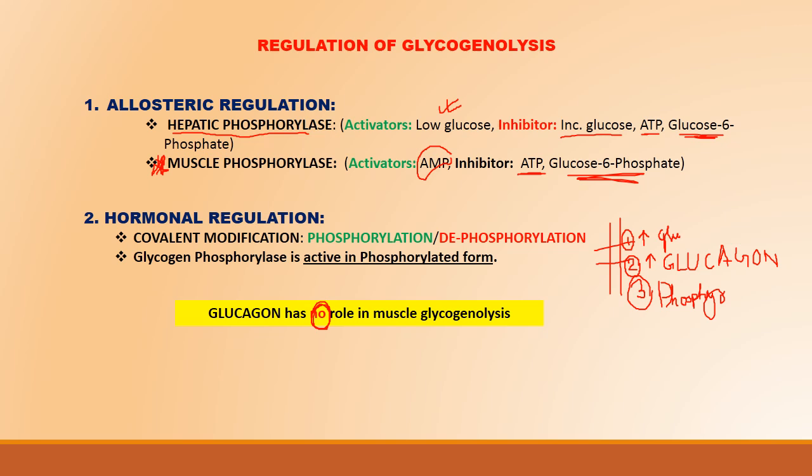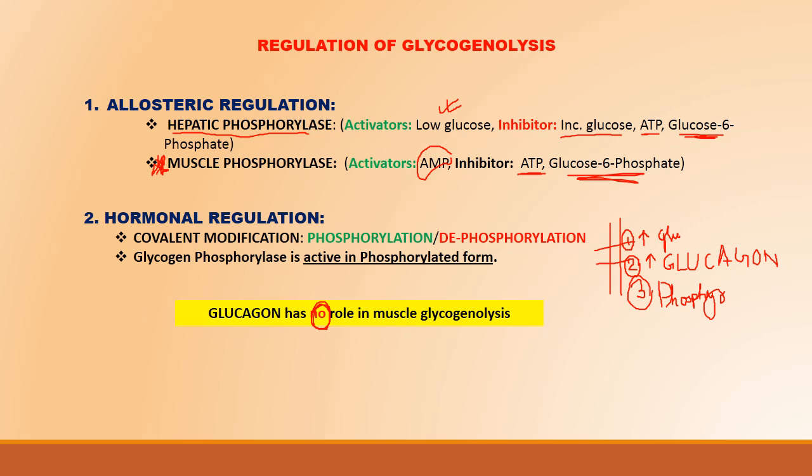So glucagon will activate the glycogen phosphorylase. Clear? Third point is, how does glucagon activate? Glucagon activates by phosphorylation.